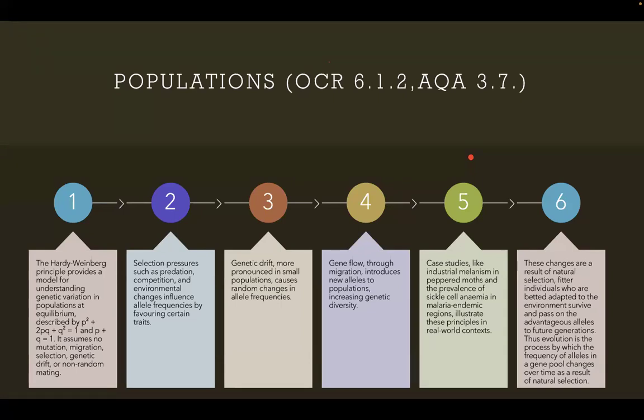So those people would be resistant. You can get people who have normal hemoglobin, HbA, and HbS, which is sickle cell hemoglobin. In these people, about 50% of their red blood cells are sickle cell and the other 50% are normal shaped, and they have some resistance to malaria.